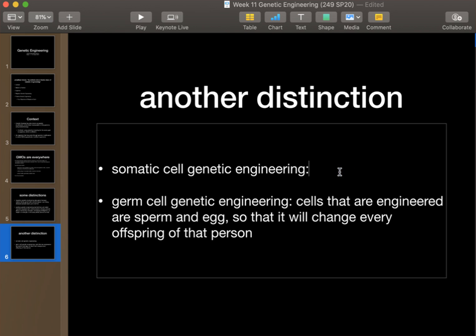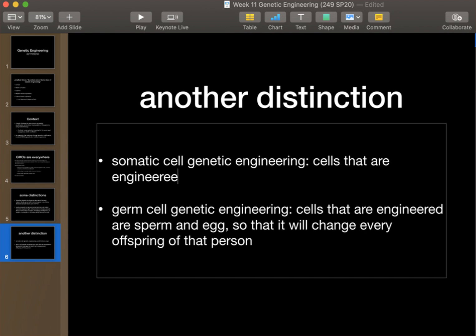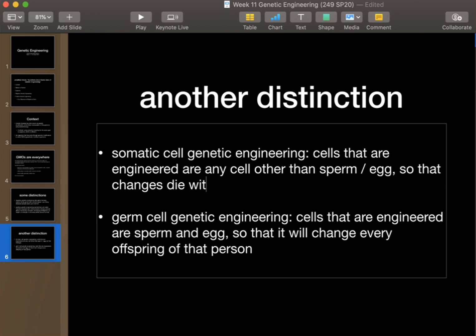Okay? Somatic cell genetic engineering is where the cells that are engineered are any cell other than sperm, egg. Okay, so that the changes kind of die with that person who was engineered.